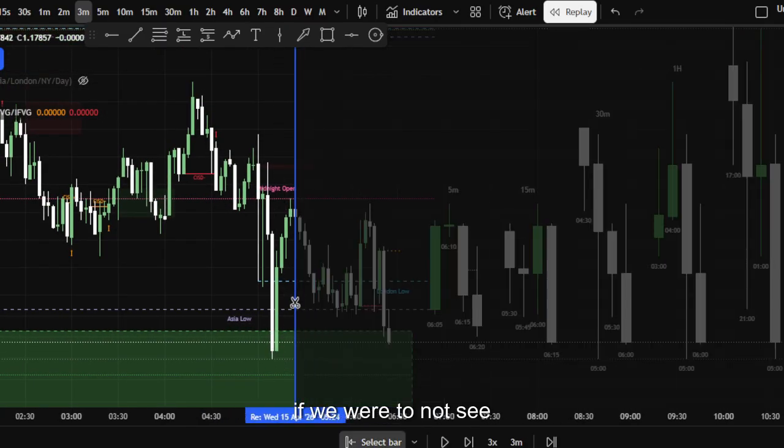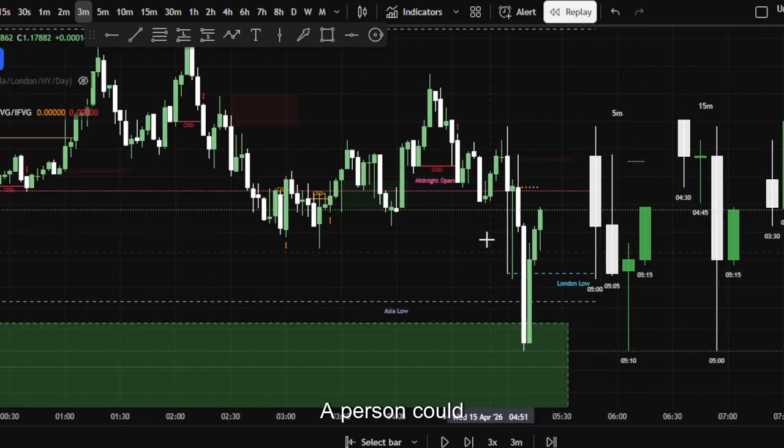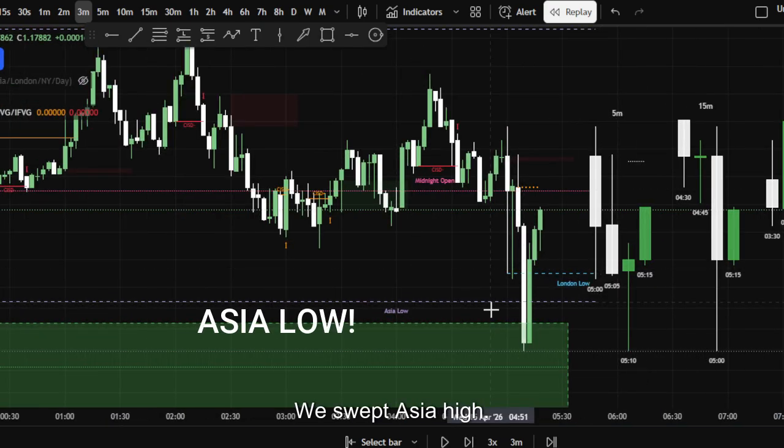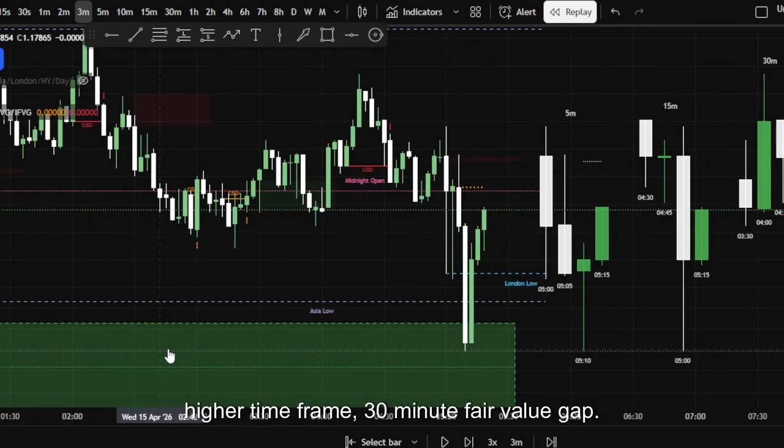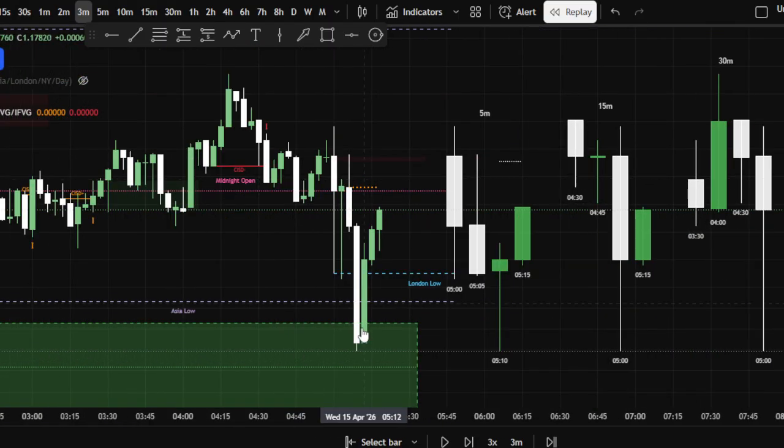A person could look and say, wow, we just swept London low, we swept Asia high, we got a massive rejection out of this higher time frame 30-minute fair value gap. What now? Because that is step 1 complete of the 30. It hasn't closed yet, but this is absolutely a rejection wick.